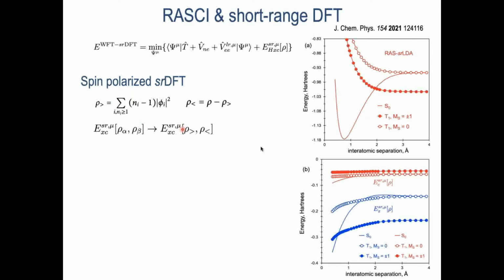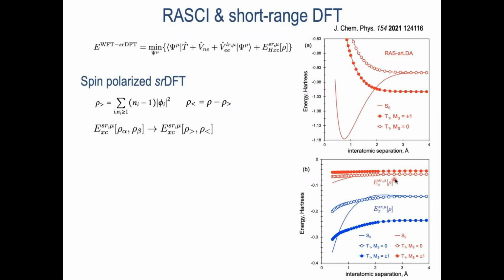And then we also look in more detail at the different contributions to the energy of the short range DFT, and we split it along the dissociation for the different states: the contribution of the short range correlation here in red, and the short range exchange in blue.